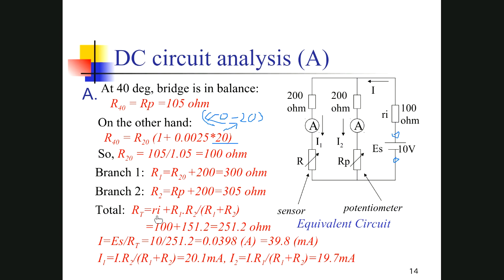So we can bring in Ri 100 ohms, R1 300 ohms, R2 305 ohms. You just have a simple calculation with the calculator. You can find out the total resistance referred to the source.